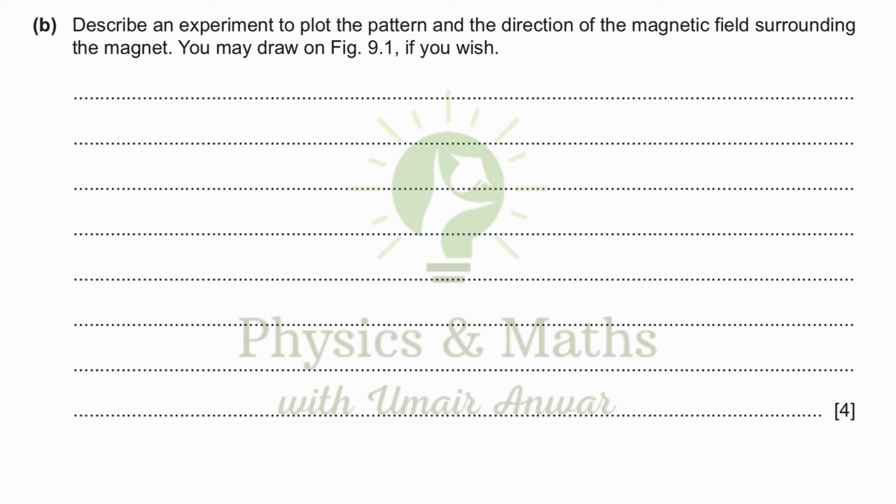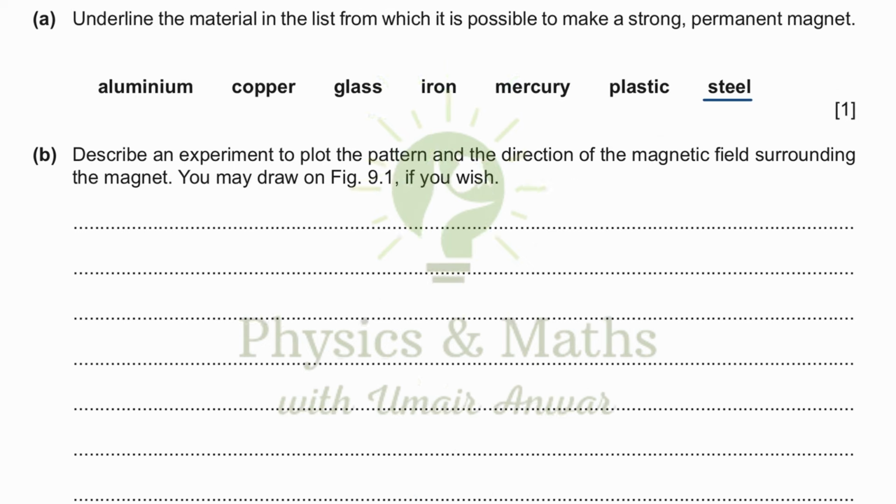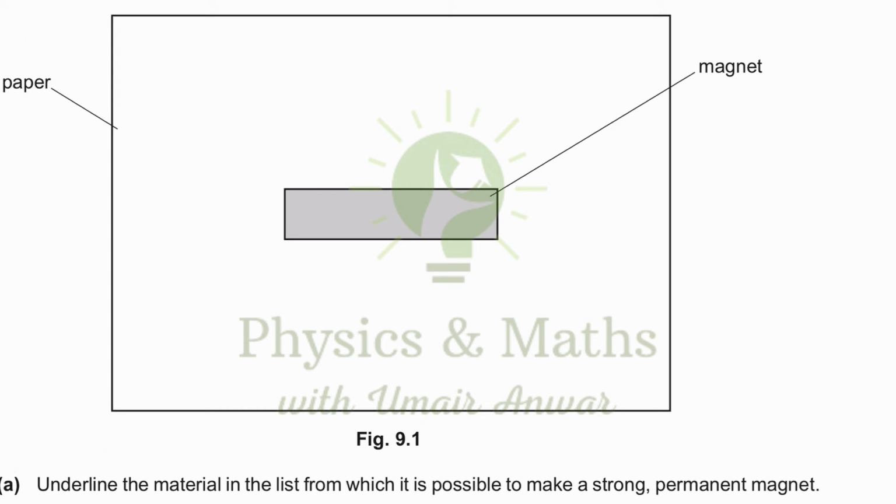So the first thing is a plotting compass or the magnetic compass is to be used. So for example, the compass is placed here near this end to check whether it is a south pole or a north pole. So the compass is pointing like this away from the pole. So it means that it is the north pole and this is going to be the south pole.